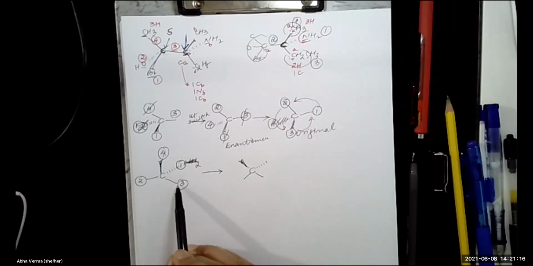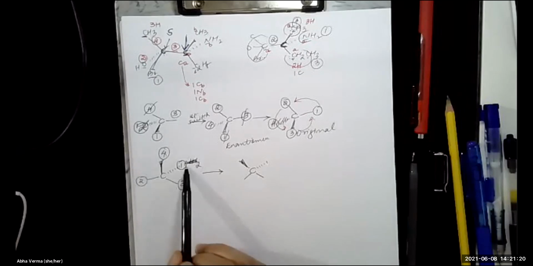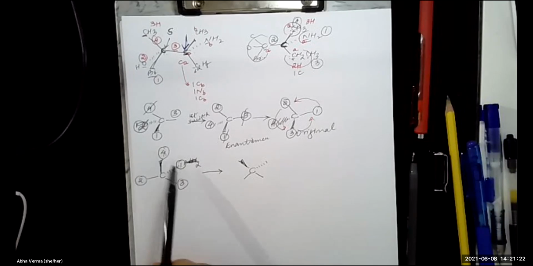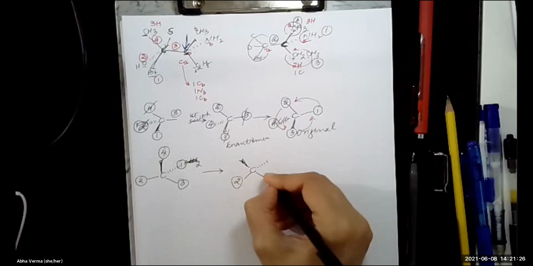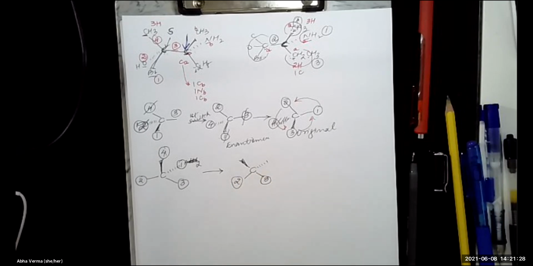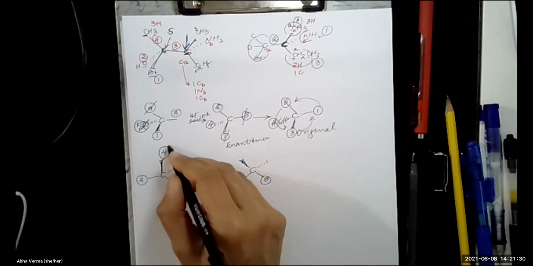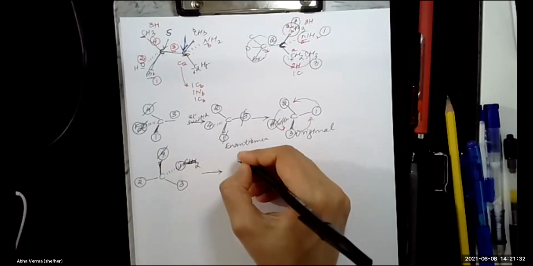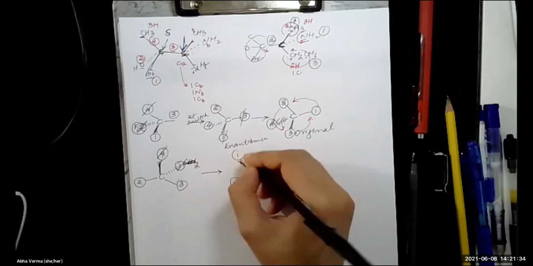On 1 and 3, I'm going to switch between 4 and 1. Why? Because I need my number 4 at the back. So I'm going to keep my number 2 and 3 on the same location. But I'm going to change 1 and 4.